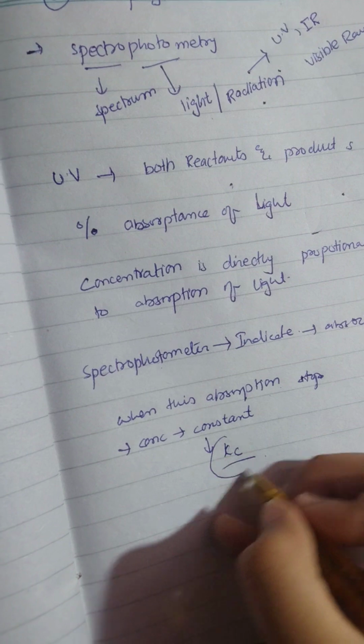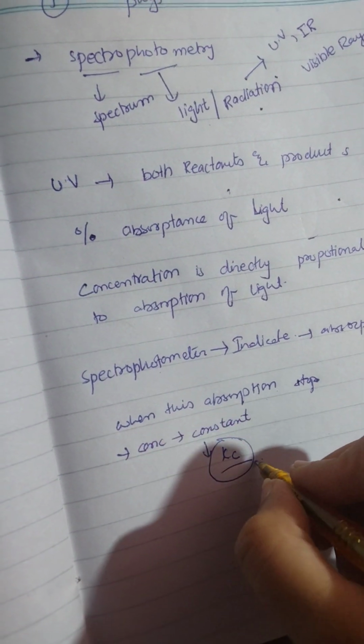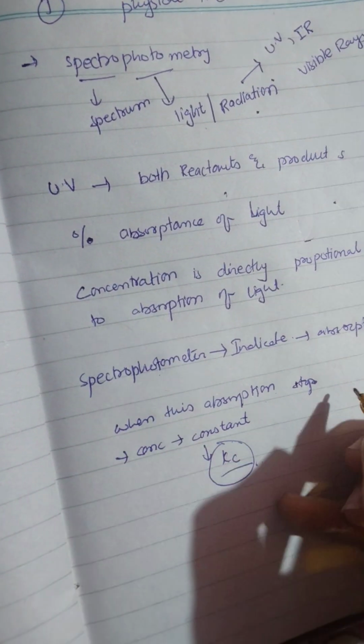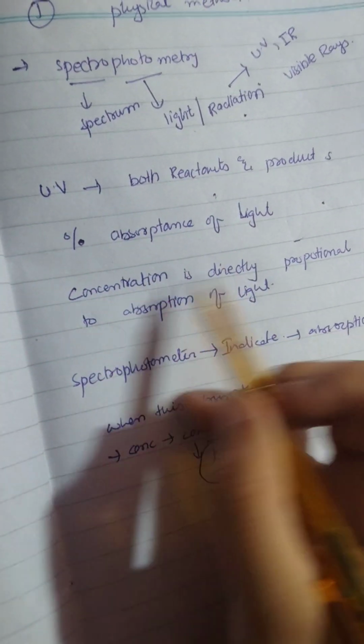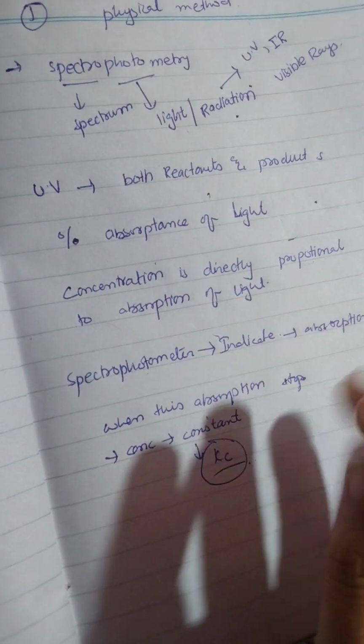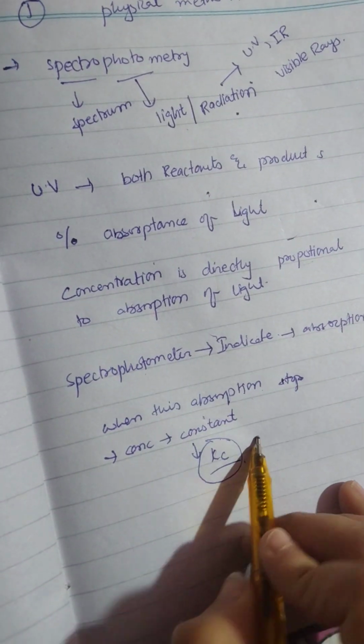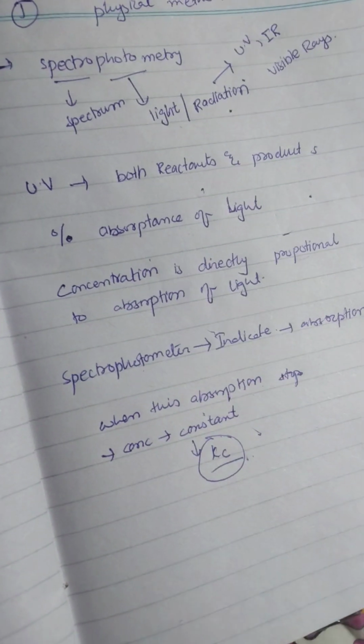Kc is the equilibrium when the concentration is constant. As I said, absorption is directly proportional to the concentration, so when the absorption stops, the concentration will become constant.